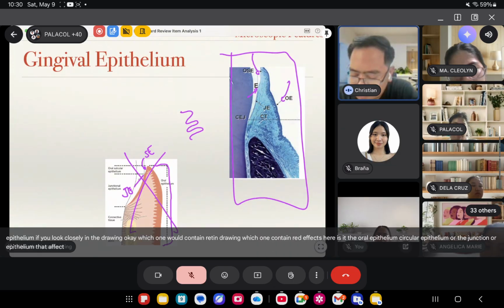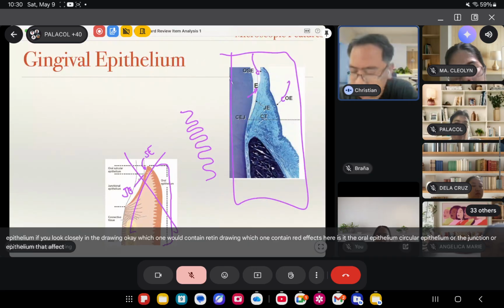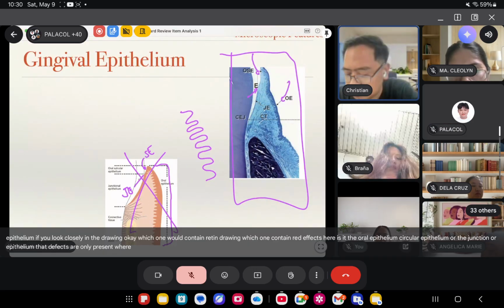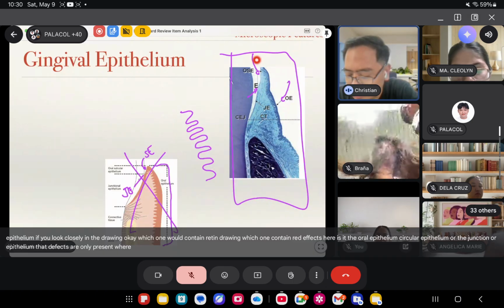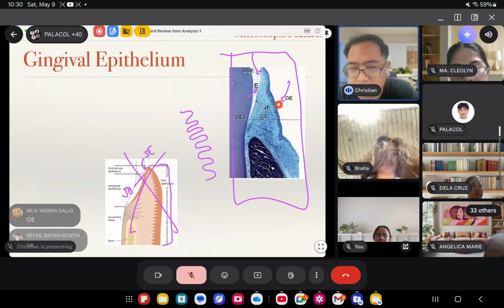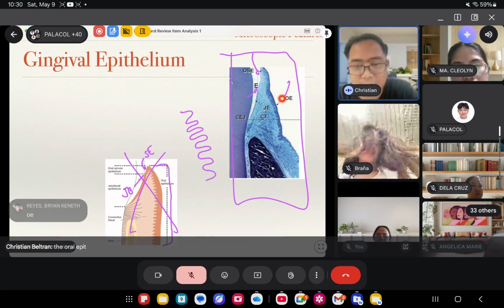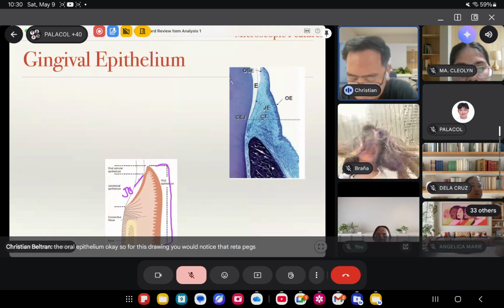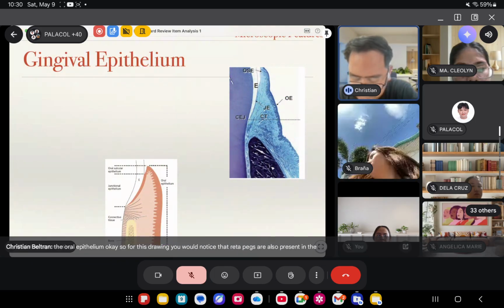Do we have them in the sulcular and junctional? It's only present on the oral epithelium. In this drawing, you would notice that rete pegs are also present in the sulcular epithelium.